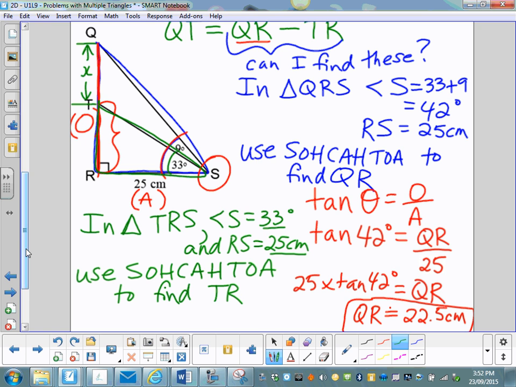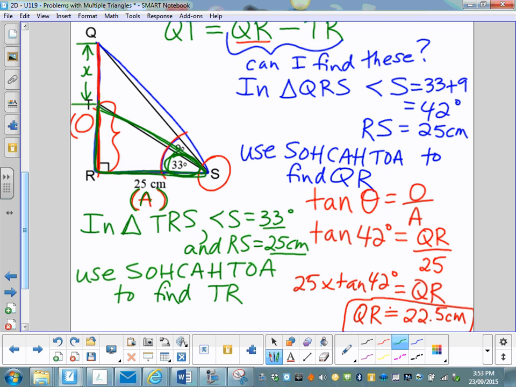So let's do some labeling here so we know what we're working with. Now the nice thing here is that in the small right angled triangle, triangle TRS, here's the angle that we're using, angle S.